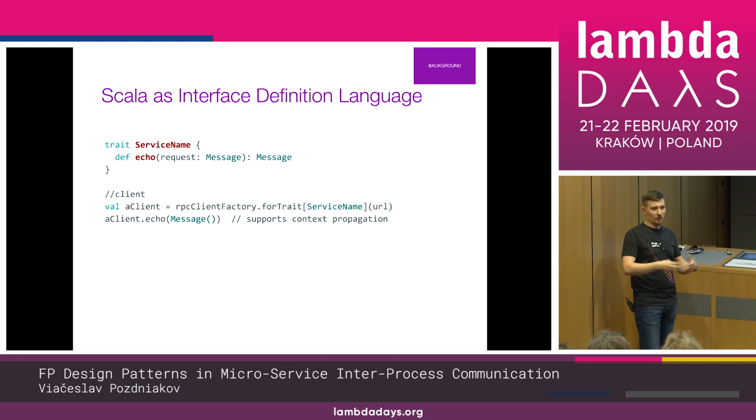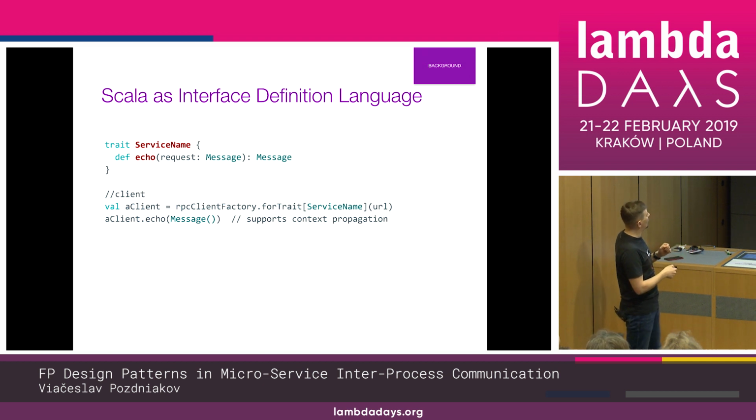So if you want to expose a service, then you just write a trait, which defines what kind of methods you might have and which entities go in and go out. And if you want to call such an interface, then what do you do? You just take some client factory and say, give me a client for this type, service name, provide the URL, and you get a client.